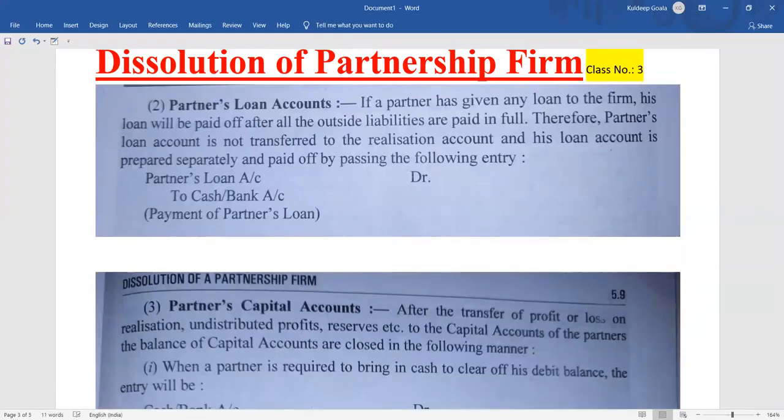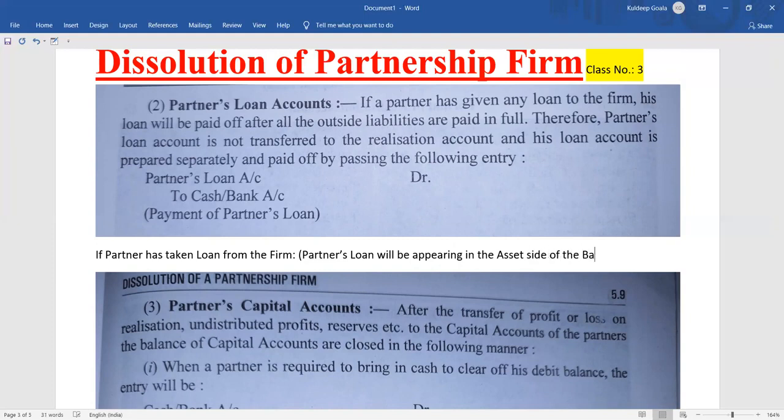If a partner has taken a loan from the firm, in this situation the partner's loan will appear on the asset side of the balance sheet.